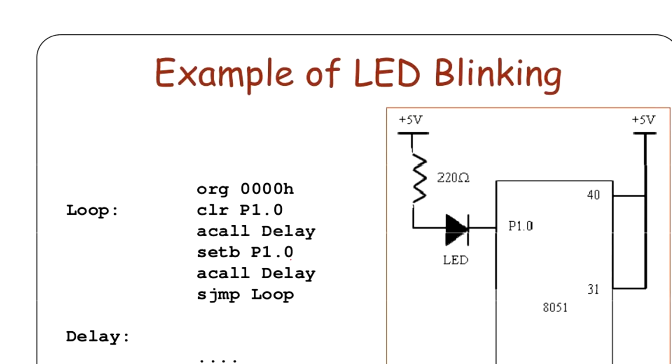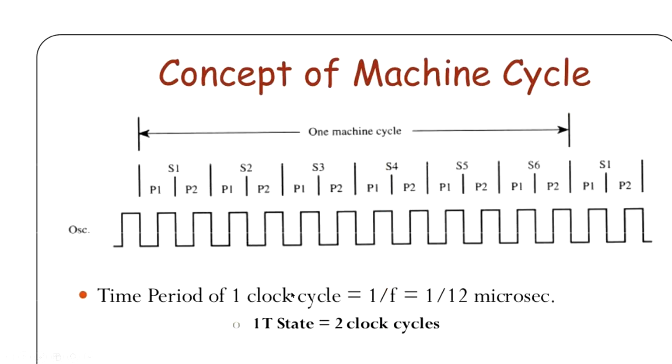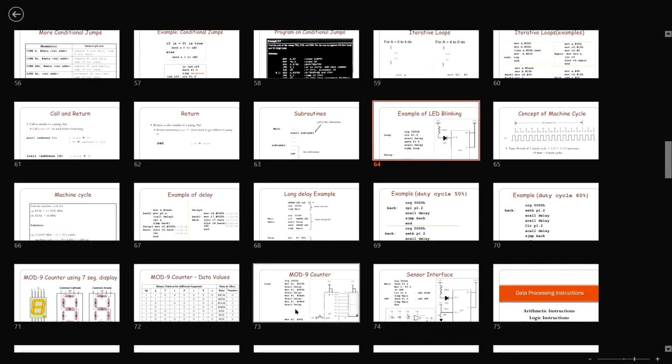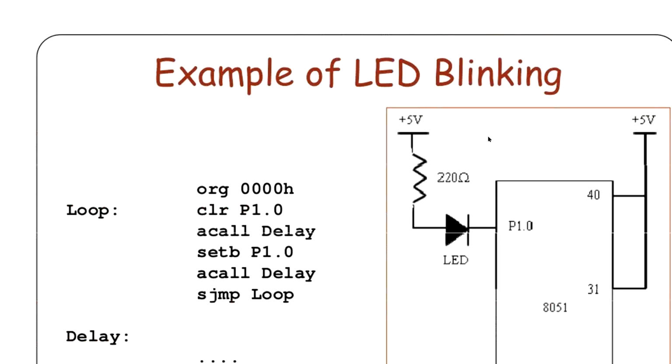So let me take one simple example of how we use the subroutine repeatedly, because if I write the same program so many times, the length of the program will be more. Here the simple example I am taking is just blinking of an LED.